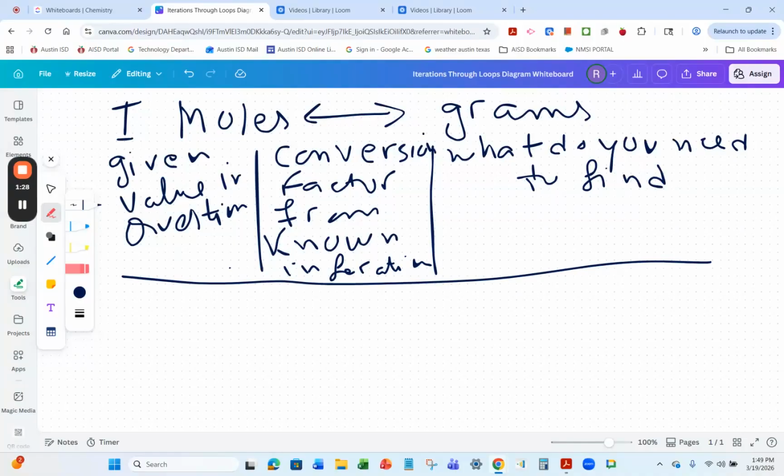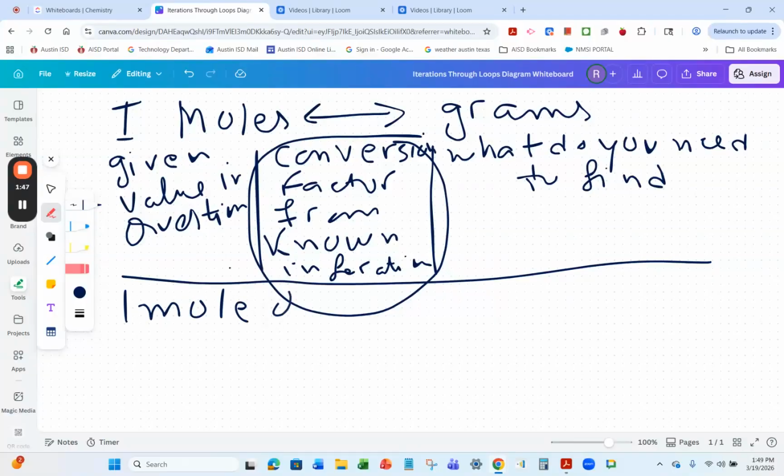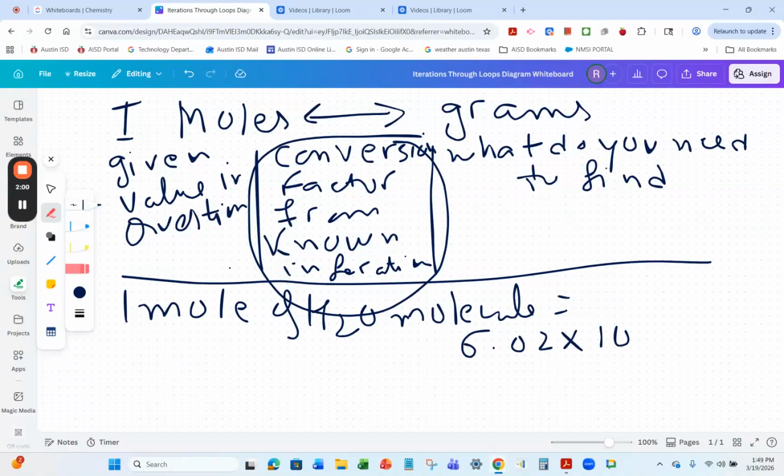The first thing I'm going to show you about the conversion factor is very important. Let's start with the water molecule. What do you know about the water in terms of 1 mole? I can write 1 mole of water molecule is equal to, in the form of number, 6.02 times 10 raised to the power 23 water molecules.